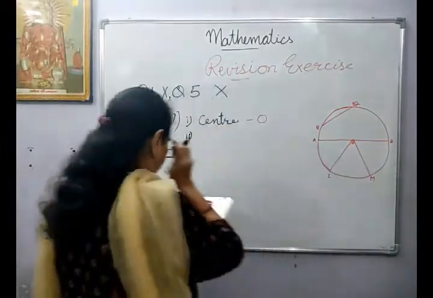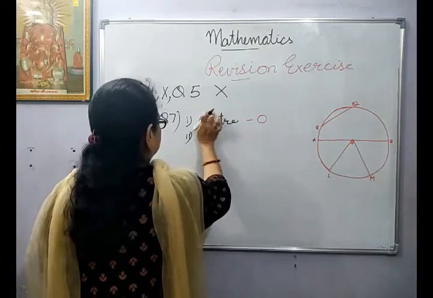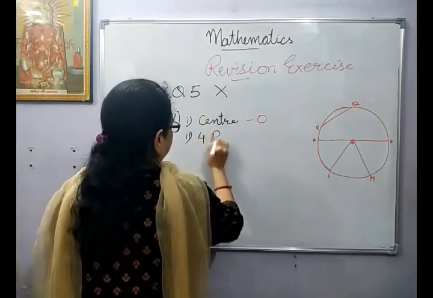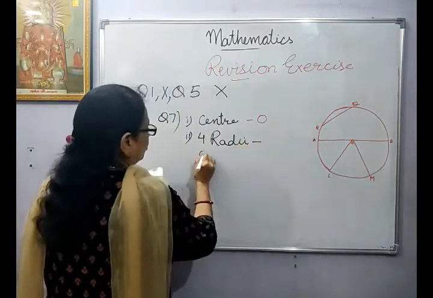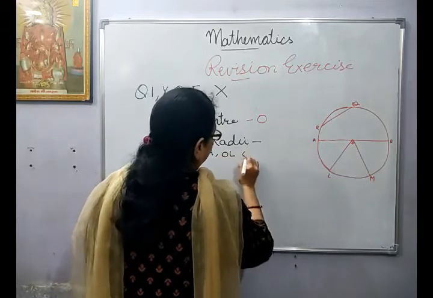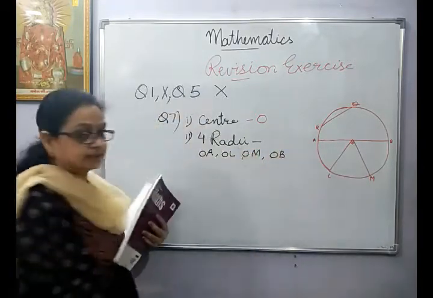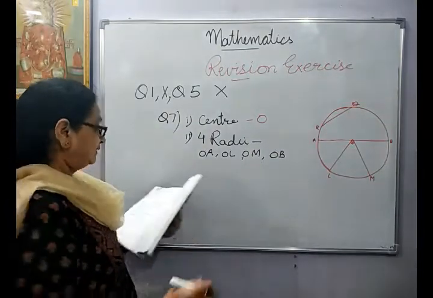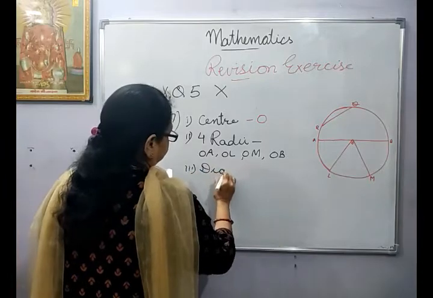So we will write down, they have said 4 radii. It will be OA, OL, OM and OB. Hope this is clear. Then the diameter.